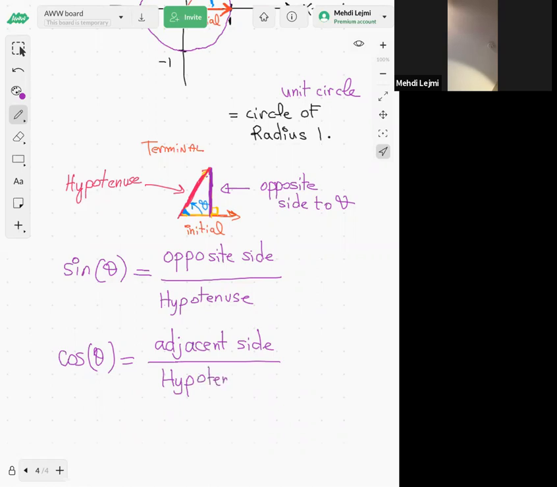Again, guys, this is your angle theta, right? So then the adjacent side would be this one here. This would be the adjacent side to the angle theta.